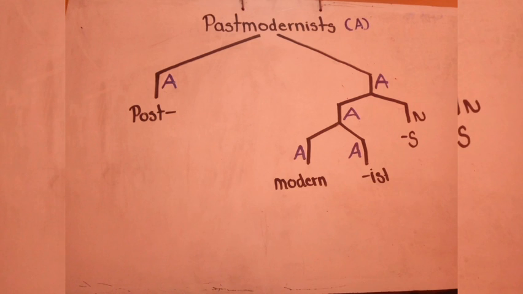But in this case, this adjective became the same adjective. And finally we have a prefix that doesn't change the word class of the word. And finally we have an adjective that is postmodernist. It's clear, isn't it?